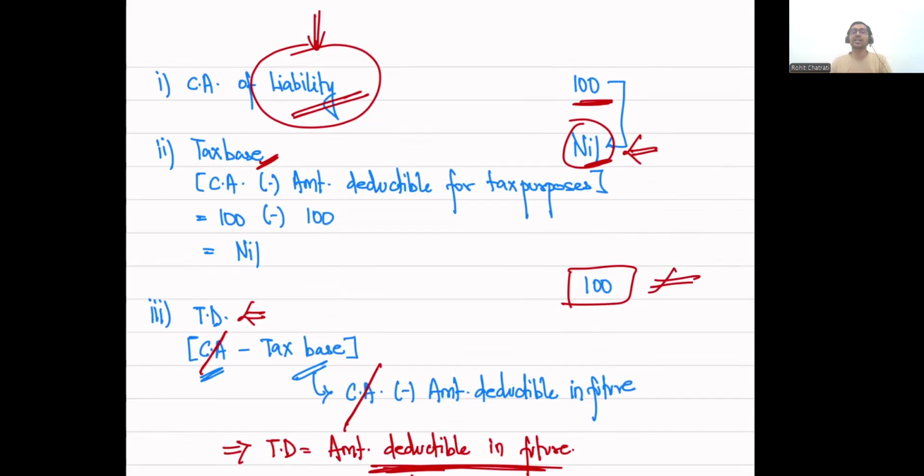The remaining is the deduction that I will get in future when I actually have the outflow, and that is represented by temporary difference. And typically, temporary differences are deductible temporary differences on which we end up creating a deferred tax asset. All right. So that is the interpretation of temporary difference on a liability, or creating a DTA or a DTL on a liability.